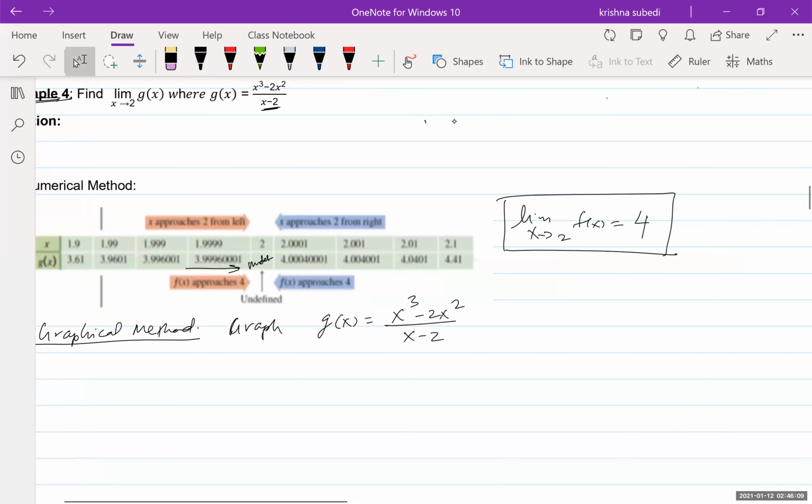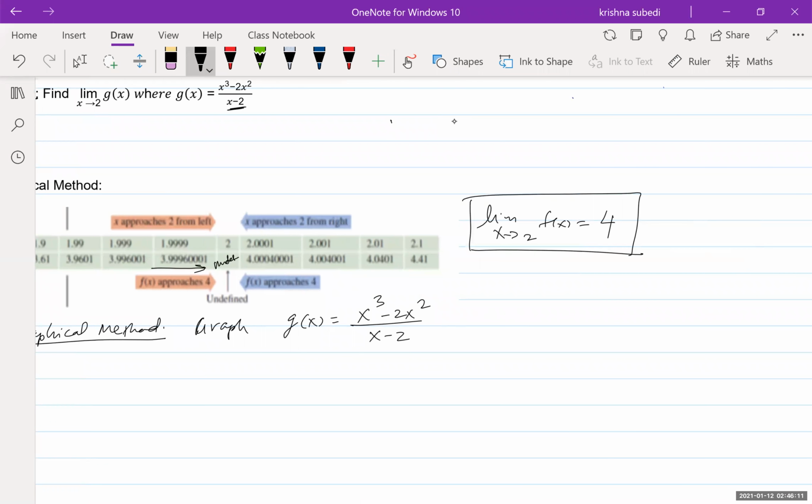So if you draw the graph, can somebody tell me whether its graph is the same or different from the previous question? I think there will be hole at x equals to 2. Excellent, yes.